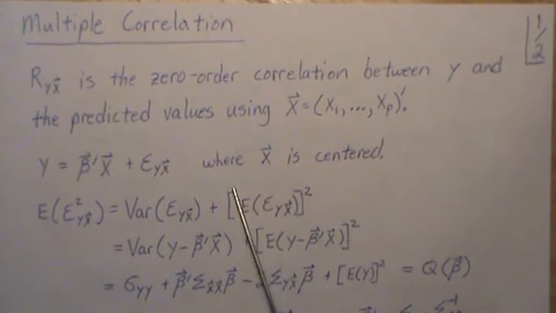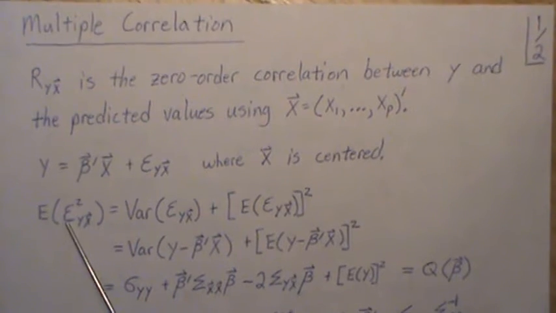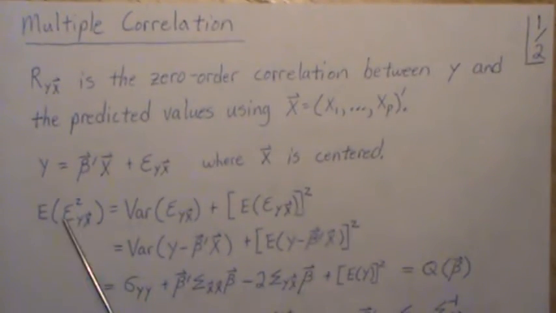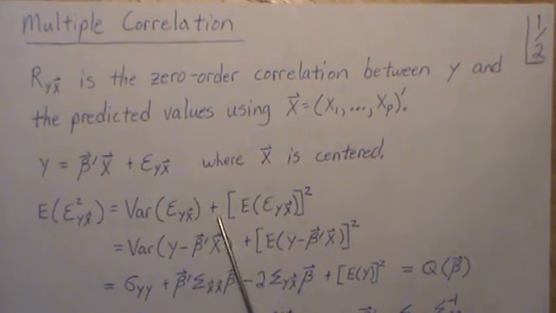Sometimes I always have to think about it. If I subtract that over, then the variance of epsilon is equal to the expected value of epsilon squared minus the mean squared. That's the formula that I remember, and then you transform it to this. Now, we put in what we know about the error term, y minus beta x.